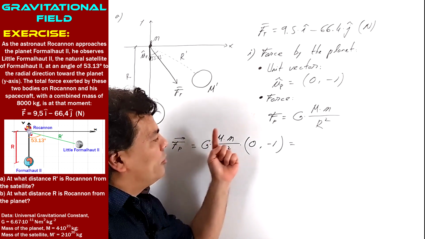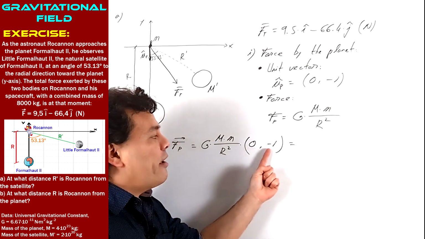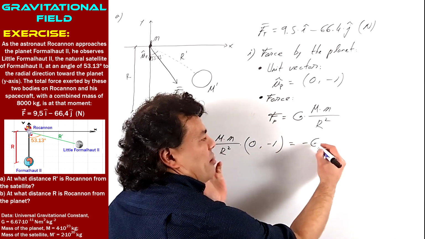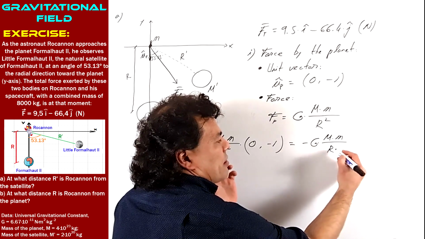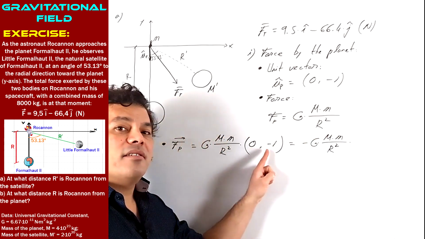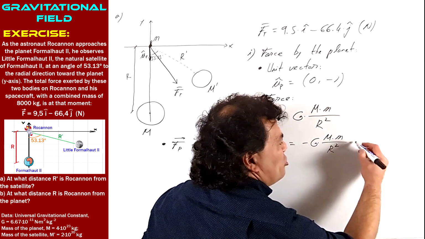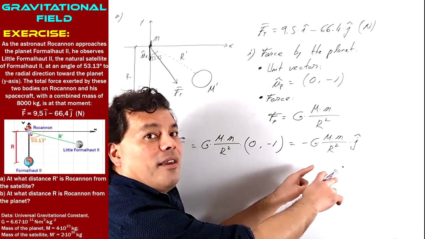This quantity multiplying 0, 0. And this quantity multiplied by -1 will be negative G M divided by the distance squared. And as this is the second coordinate, the vertical coordinate will be j. Okay?